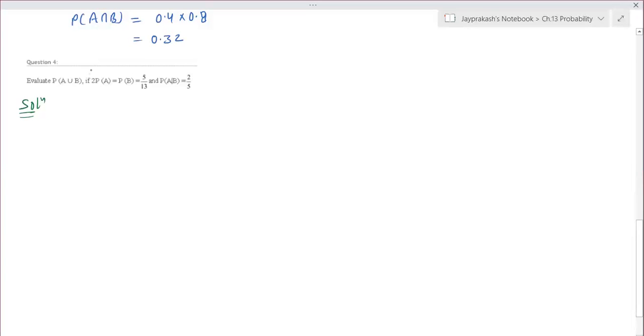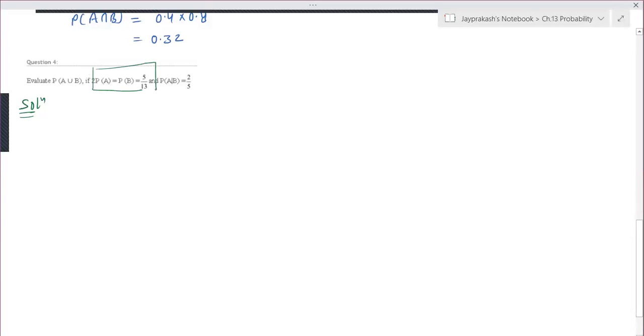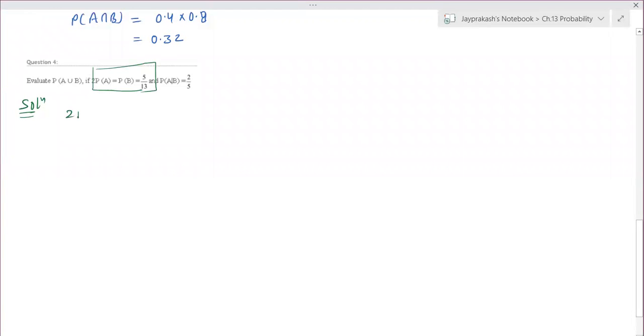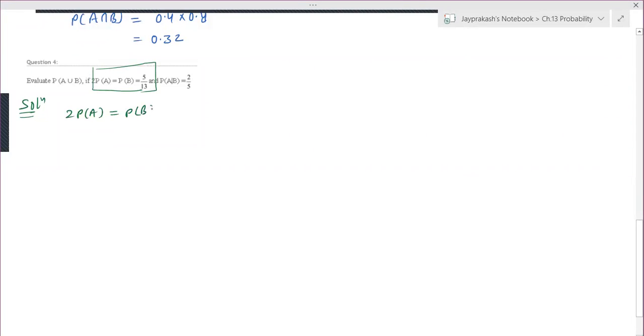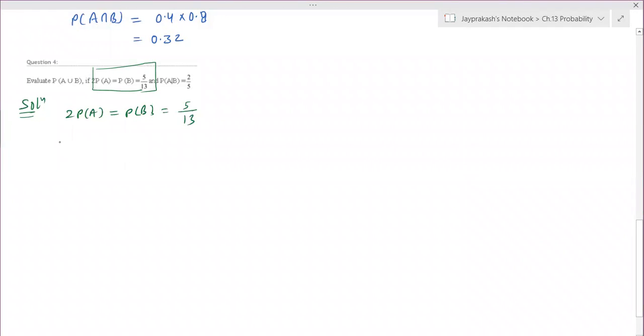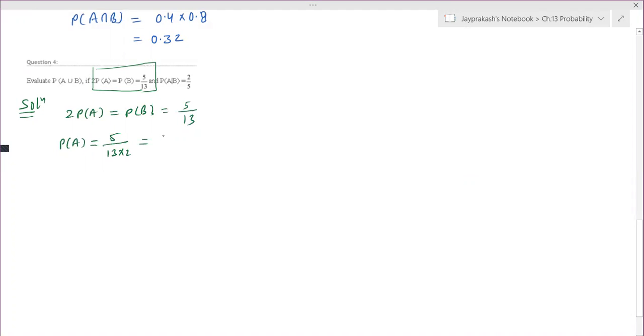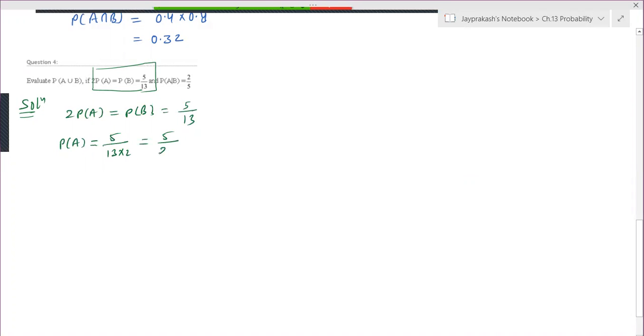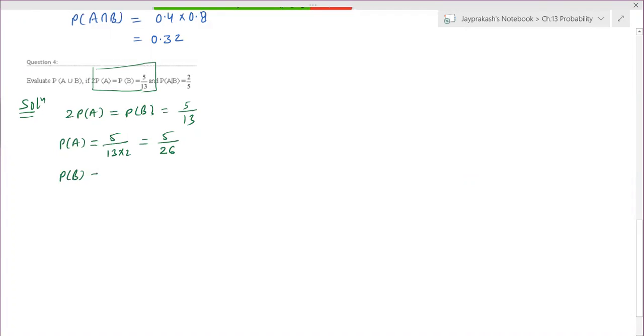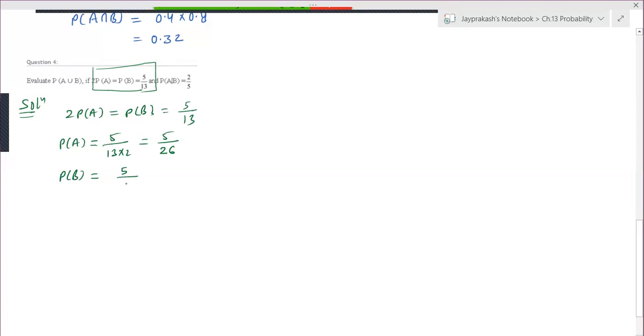In question number 4, from this part we can write twice P of A. So when we are writing P of A, we can write 5 by 13 into 2, so it's 5 by 26. P of B is 5 by 13.